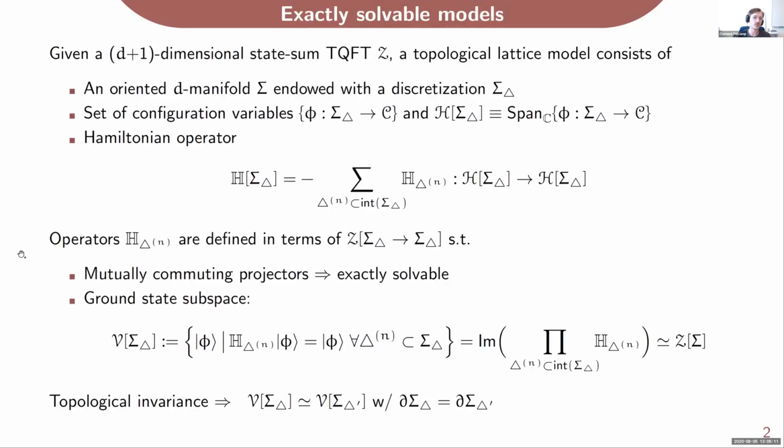For instance, the topological invariance will imply that the operators are projectors and they are mutually commuting, such that the model is exactly solvable. The ground state subspace of the Hamiltonian is by definition the space of states that satisfy the stabilizer constraints, the H phi equals phi condition. For every operator, there is one such stabilizer constraint, and the states satisfying all of these are ground states.